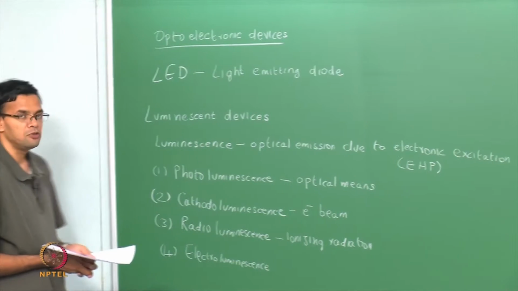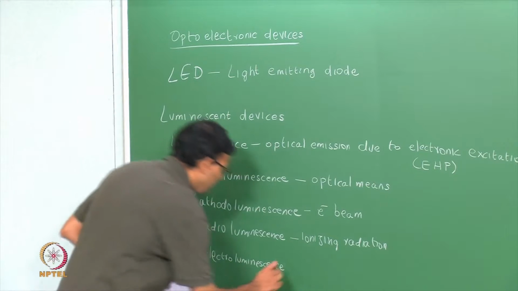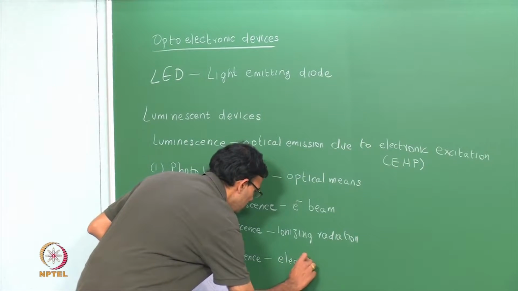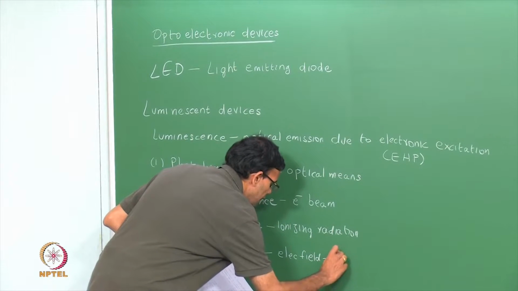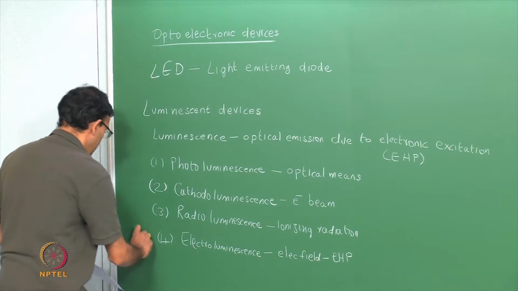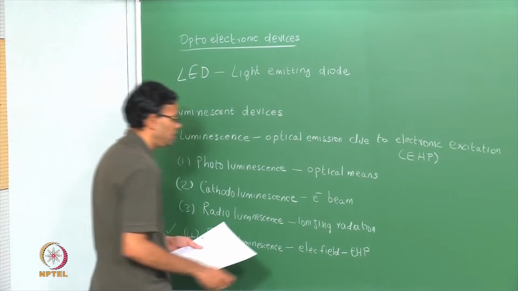In electroluminescence, you use an electric field or an external field in order to create an electron hole pair. So, an electric field creates the electron hole pair, and an LED is an example of an electroluminescent device.